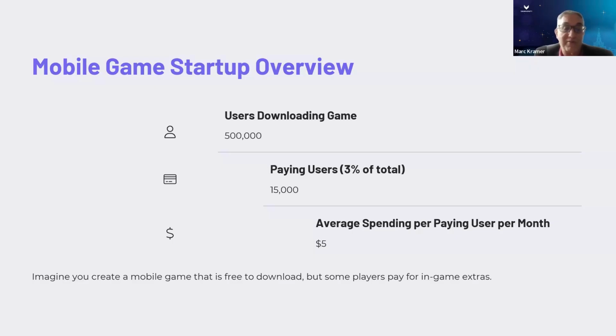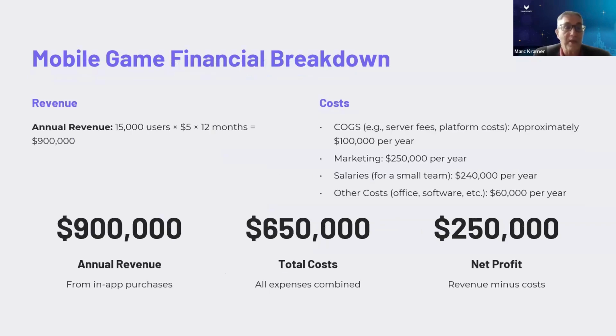Let's say the average person is spending $5 a month. They're buying a subscription from you. And so it's a pretty nice chunk of change that you can make on 15,000. But it's a far cry from the 500,000 users downloading the game compared to the 15,000 that are willing to pay for it. But still a considerable number.